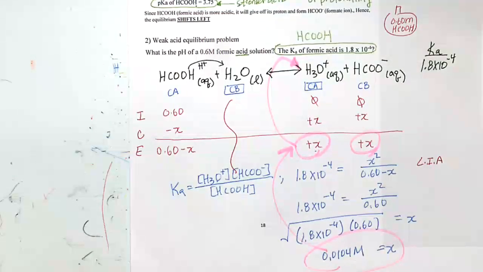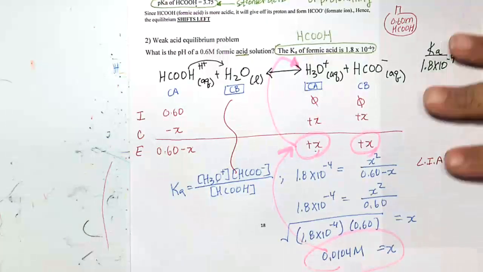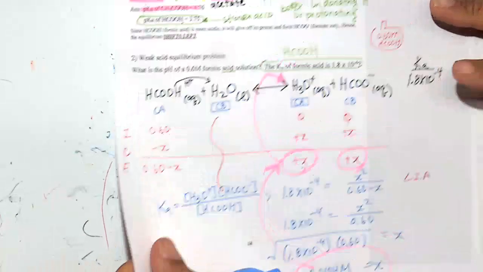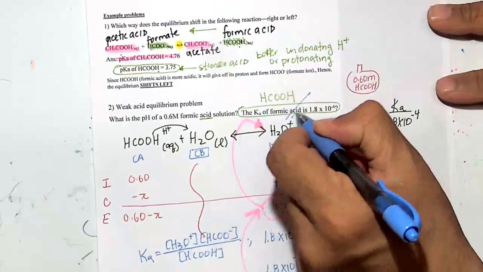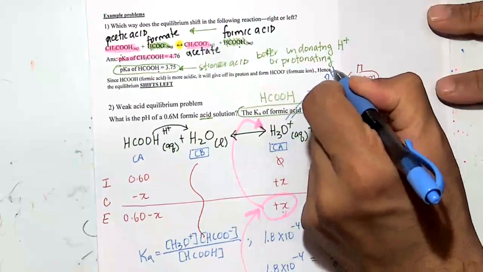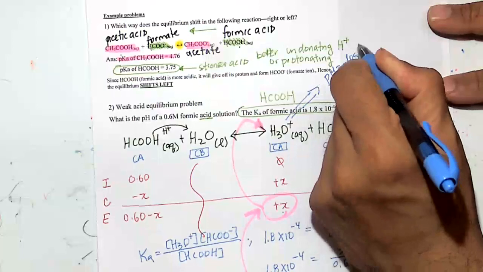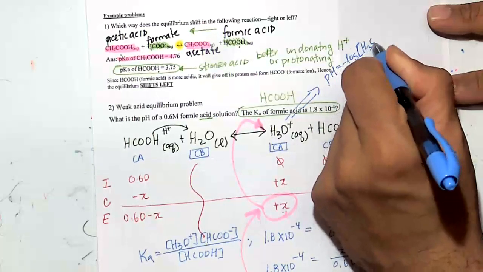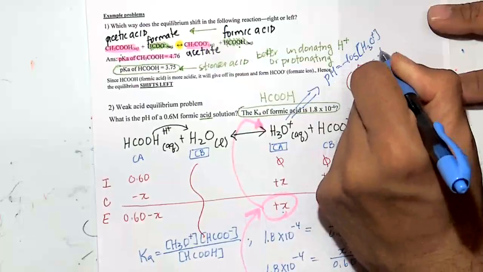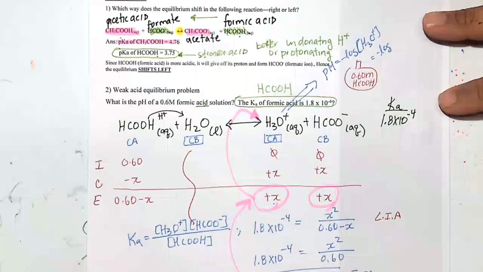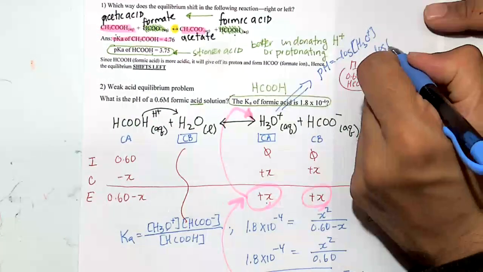And so now we can calculate the pH. pH is minus the log of H3O plus. Minus the log of 0.0104.